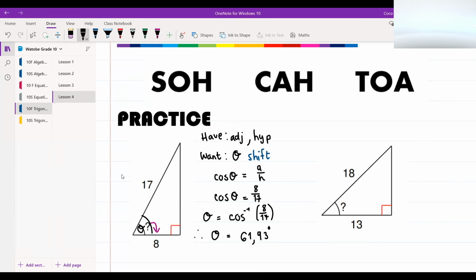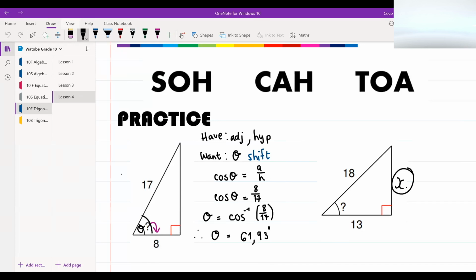Yes, you could use Pythagoras and find this side. But even if you find this side, you're still going to have to use sine, cos, or tan to find that side. It won't make a difference. You would still need to use one of the SOH CAH TOAs. The only difference is you've now found the opposite, so you can use either sine or cos or tan to find the angle.